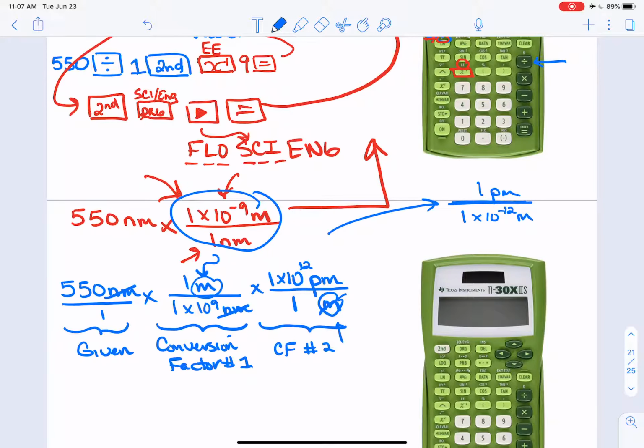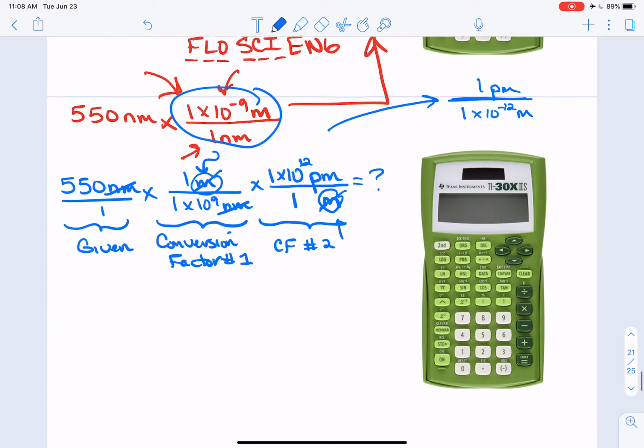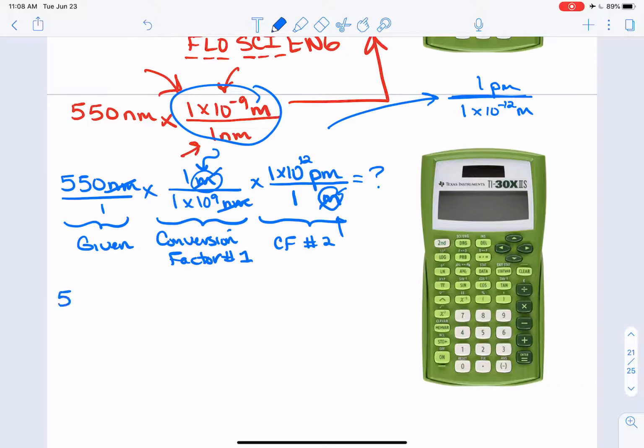Okay, so we cancel out our meters because meters divided by meters is 1. And we want to get an answer here. So what we would do to find this answer is we would type in 550 on our calculator, and we do the divided by button. And then we want to divide it by 1 times 10 to the 9th.